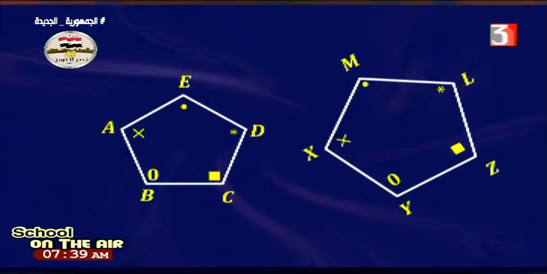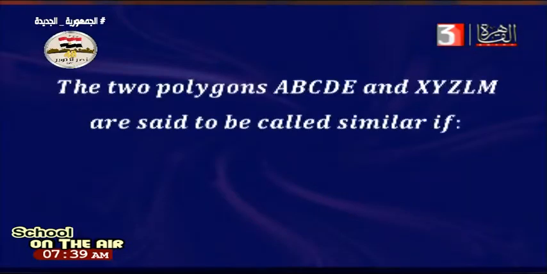if you have two polygons, polygon A, B, C, D, E, and another polygon X, Y, Z, L, M. Do you notice? Measure angle A equals measure angle X, measure angle B equals measure angle Y, and so on. In this case, we can say that the two polygons are similar.